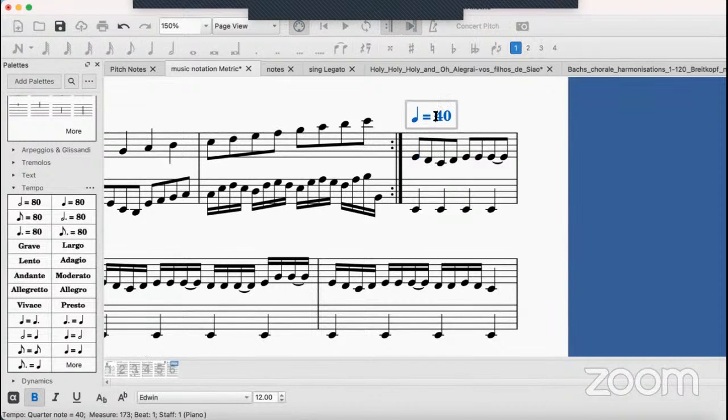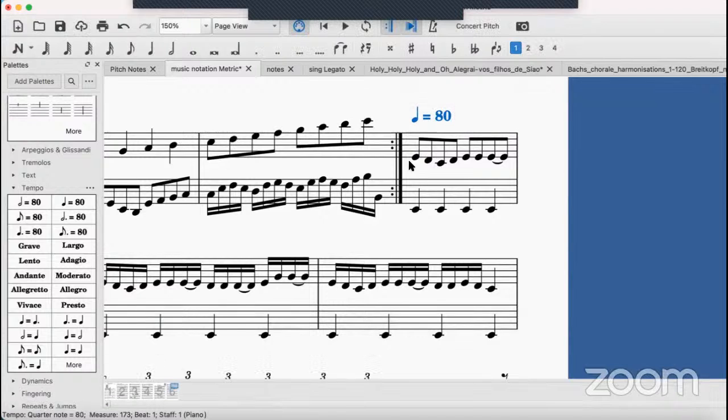Let's do a difference here now. Quarter note equal to 80. With the same rhythm, but different tempo.